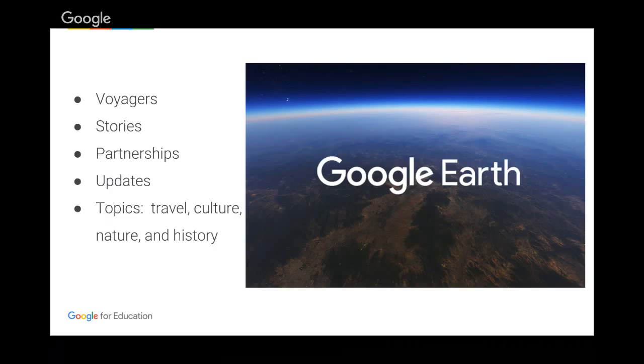When the eclipse happened, it showed the journey that it traveled. It really is current, and not even just with things that are happening, they're just putting new content on all the time. So it's a really great tool to tap into. Some of the topics that they cover are travel, culture, nature, and history.